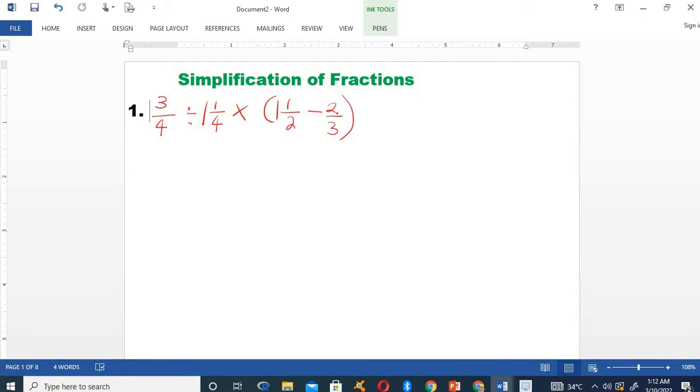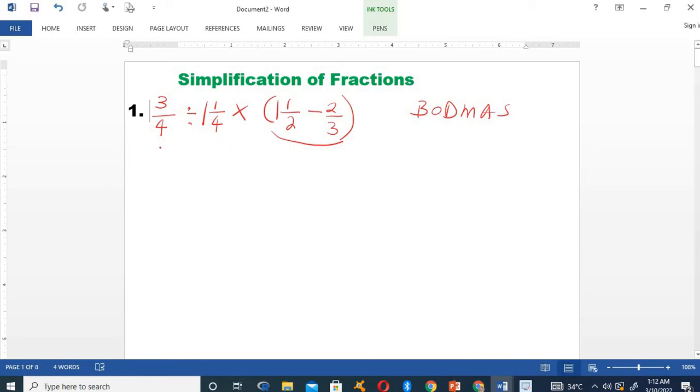So we need actually to apply the rule of BODMAS so that we don't just solve anyhow. Okay, so this tells us that we start with the brackets. So I'm going to start with what we have in the bracket, but before that, the mixed numbers, I'm going to change them to improper fractions.